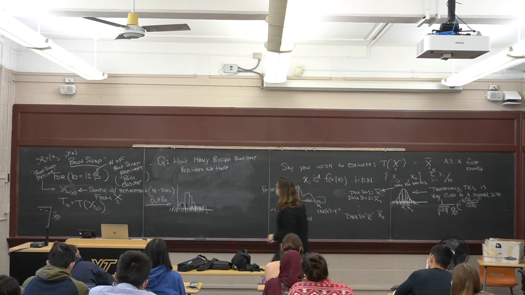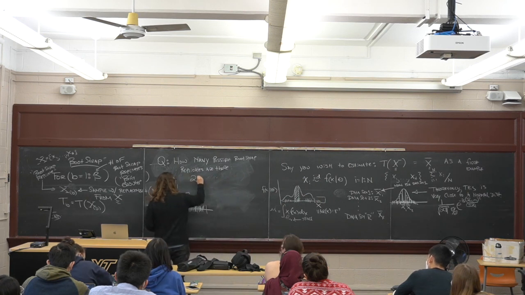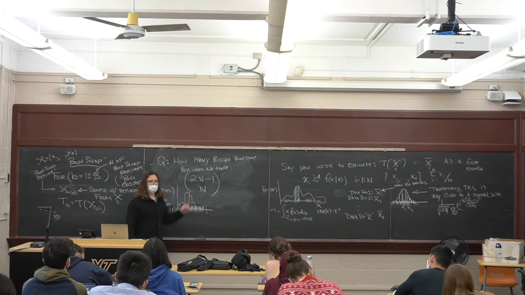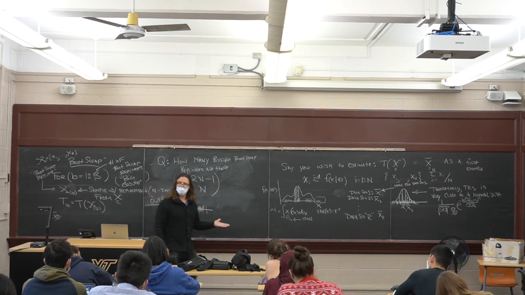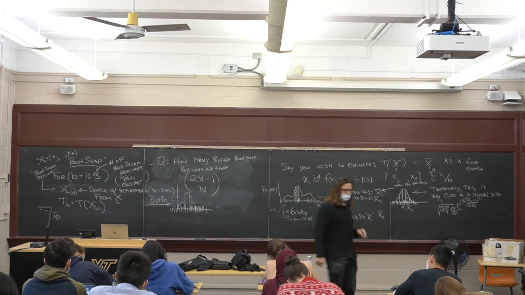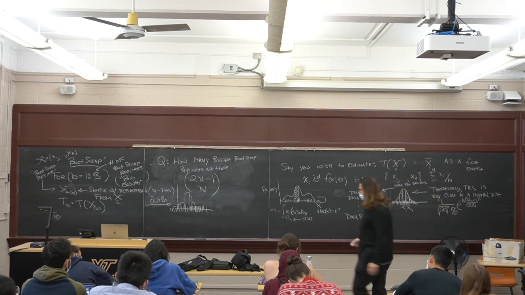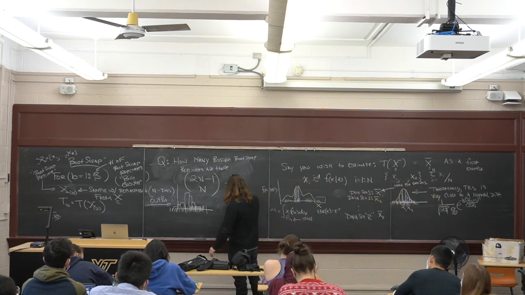So it turns out the answer is this: 2n minus 1, choose n. If you want to see next time why this is true, feel free to ask. But ultimately, if you know about these stars and bars arguments, I'll just give a quick outline of this.